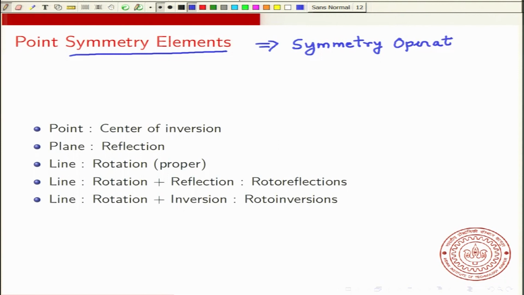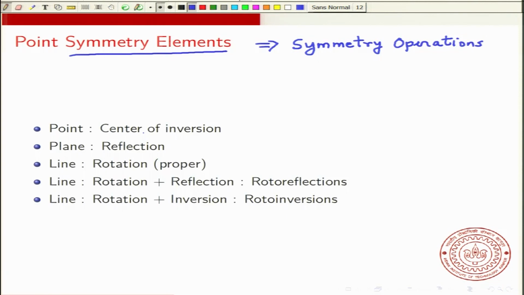A point is a symmetry element, and the only symmetry operation that is possible if you take a point as a symmetry element is a center of inversion. If that point is a center of inversion, then the operation is inversion, and I am emphasizing the center because you are inverting about the center.